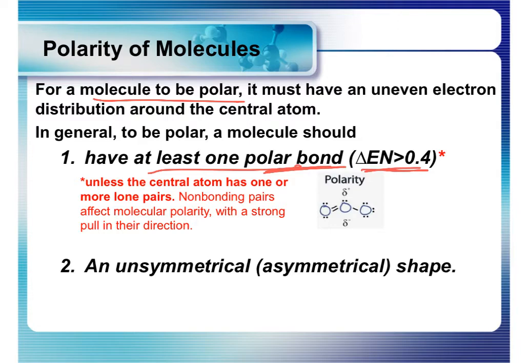There is one exception, and this is a specific example of that exception that you're likely to see. Ozone, O3. There are clearly no polar bonds. Oxygen with oxygen, two oxygen atoms have the same electronegativity, so those bonds themselves are not polar, but the molecule overall is polar. There is a permanent dipole. How is that possible?